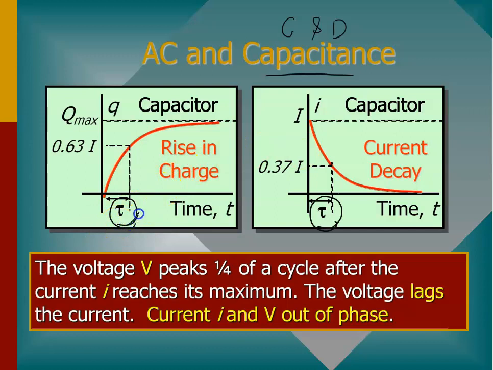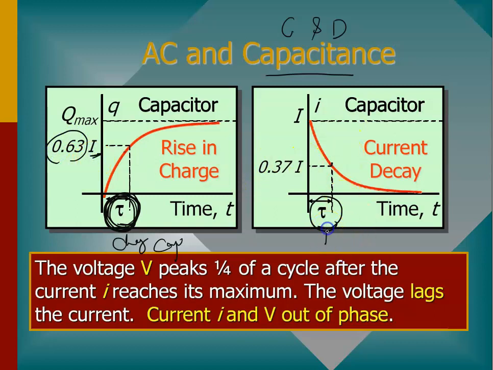The time constant in the charging process for a capacitance is the time required to rise to 63% of the original current.